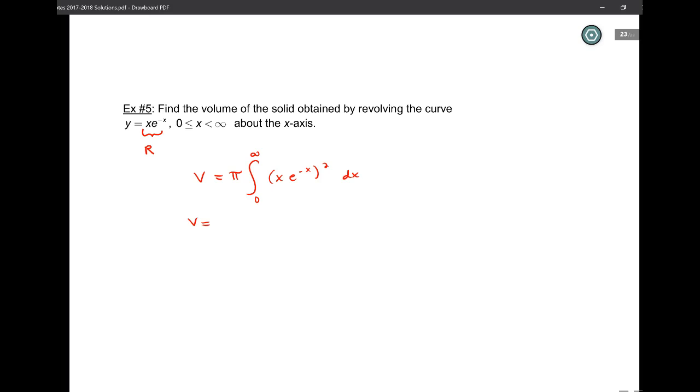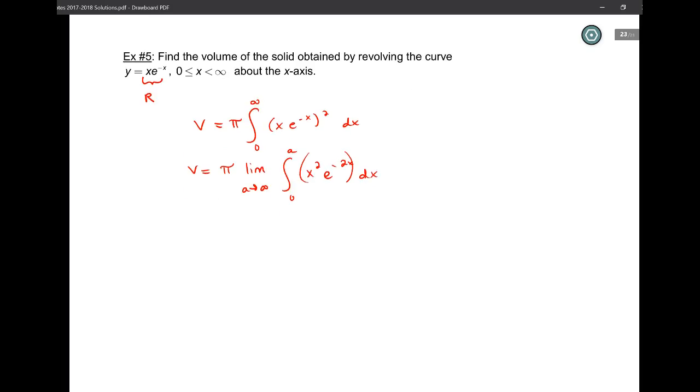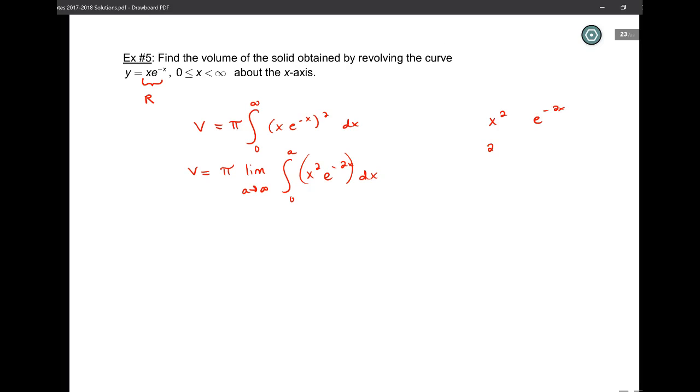So what we're going to need to do is create the limit as a goes to infinity, the integral from 0 to a, and that's going to be x squared e to the negative 2x dx. And in order to integrate that, we're going to have to do either integration by parts or tabular method. I'll do tabular method over here on the side. So this will be 2x, 2, and 0.